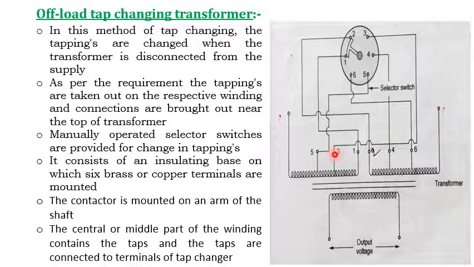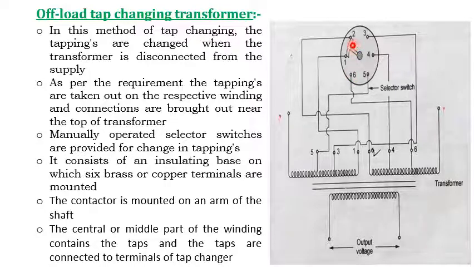When the contactor is moved 1 point to the left, it makes a connection between 1 and 6, thus cutting out part of the winding between taps 2 and 6.